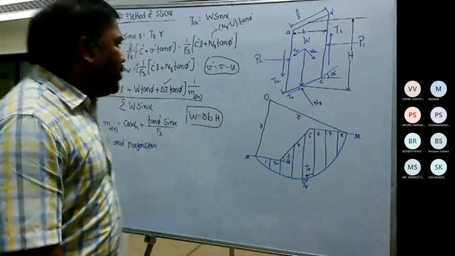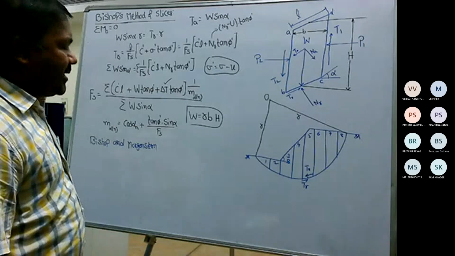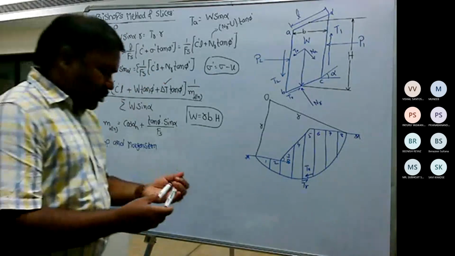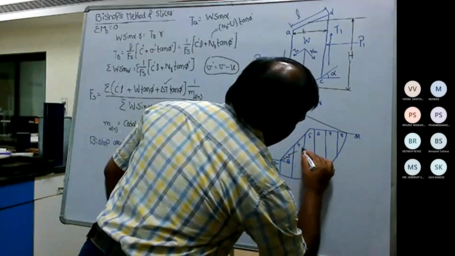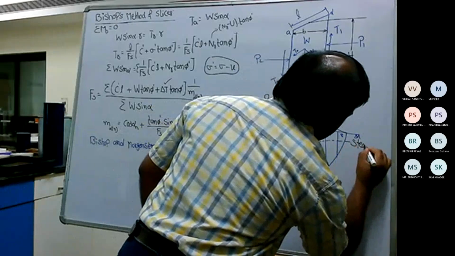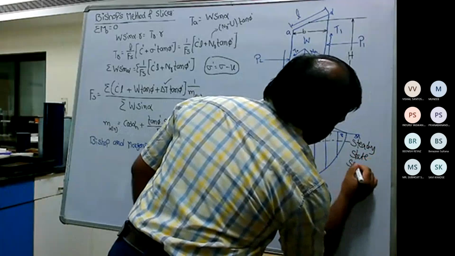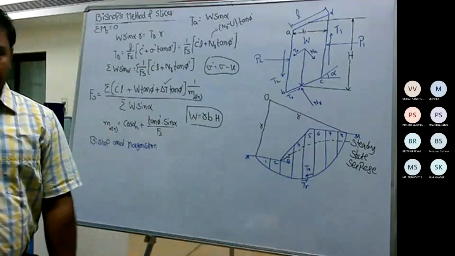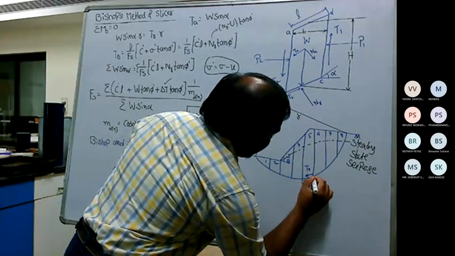Okay, very good. So now here, one important thing that we also need to discuss is, when there is a steady state seepage, this is the steady state seepage. This is also called a phreatic line. Now suppose I put a manometer at this location.